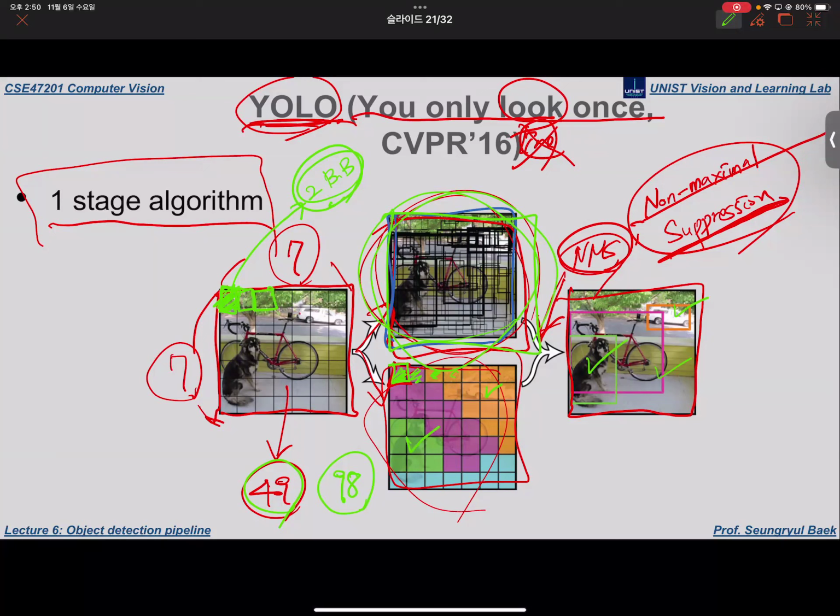So in each grid cell, they estimate the object the cell may contain. They estimate these two pieces of information jointly from each grid cell, and then apply the non-maximal suppression algorithm to filter out unnecessary bounding boxes and obtain the final result.